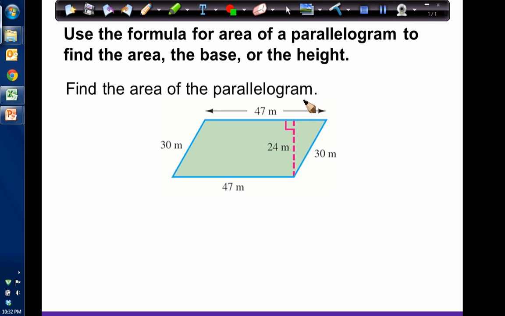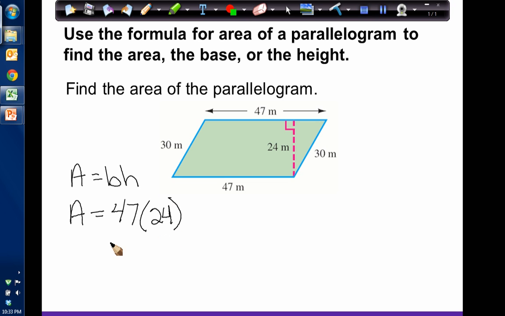Find the area of this parallelogram. We have a slant of 30, a base of 47, and a height of 24. So if we're going to use the formula area equals base times height, remember never to use the slant. We just want the base, 47, and the height, 24.